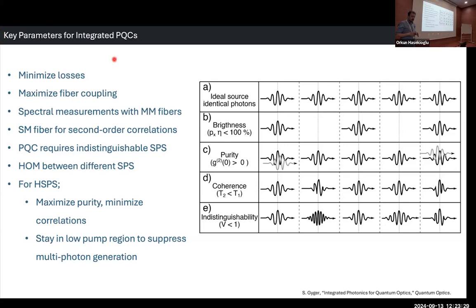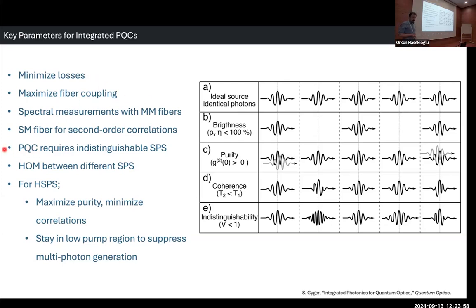Then we need to maximize our fiber coupling efficiency to the system both ways. For spectral measurements, you can do them easily with multimode fibers or multimode free space applications. But to observe pure single-photon state correlations, you need to use single mode fibers, or polarization maintaining single mode fibers, depending on your application.